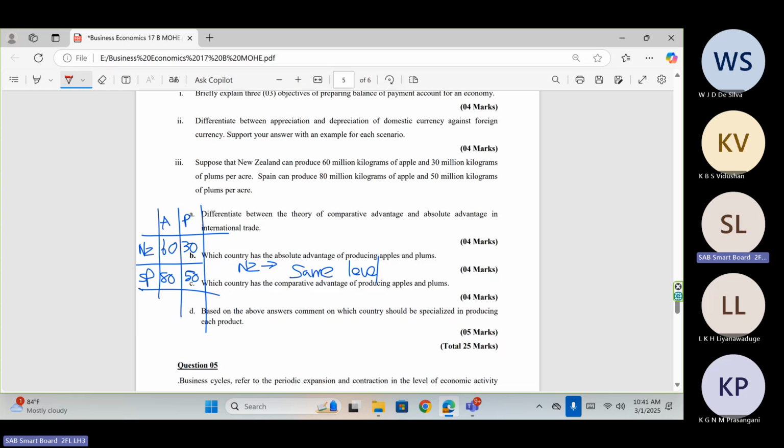Now what we need to look at is opportunity cost. Here 60 divided by 30, that is 2. Here it is 0.5.